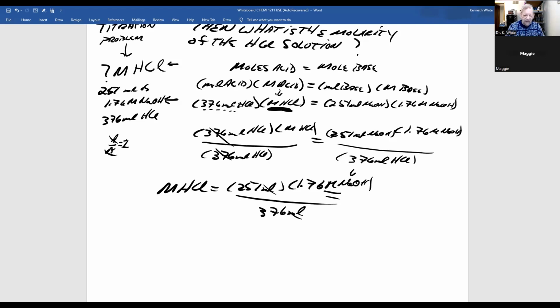And now I can pick up my calculator and find out what that number is. And the number my calculator gives me is this.